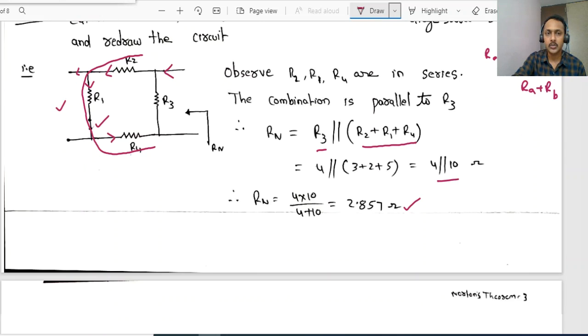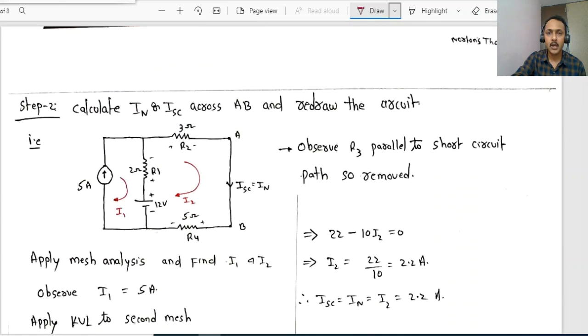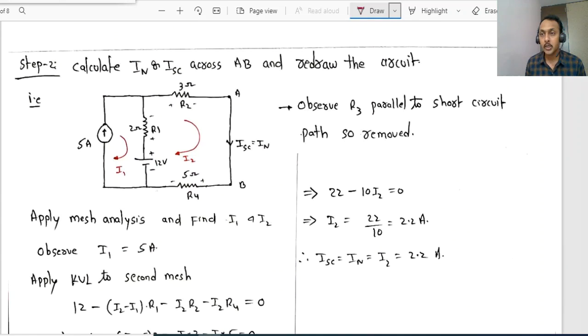Now, the next step is calculating the short circuit current. Across which terminals the theorem is to be applied, those terminals are to be short circuited. In the given problem, we were asked to find the Norton's equivalent across AB. That is the reason A and B terminals are short circuited.